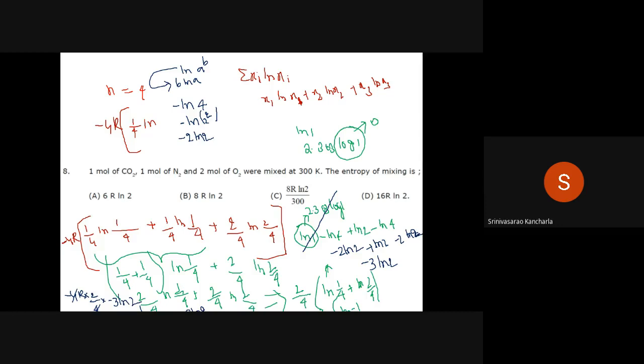Only two formulas we have used here. So with that I'm moving forward. I hope you all understand how to solve this question. Similar kinds of questions you keep getting in NET or GATE. So if you have a collection of questions, please practice that.